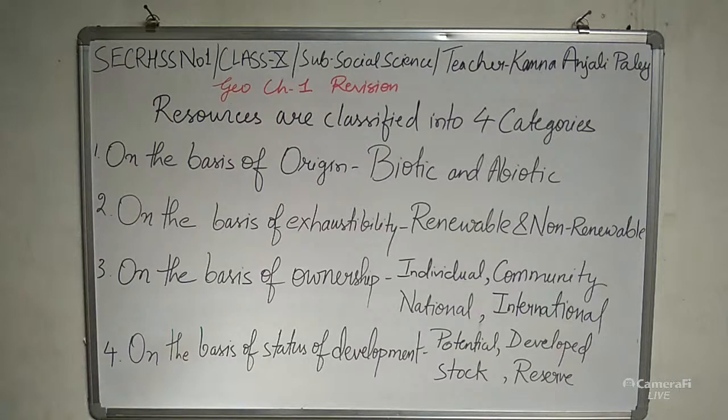But presently, we don't have technology to use that gas to generate energy. That's why that type of resource is termed as stock. Presently, we know about the resources, but we don't have technology to use them. That type of resource is termed as stock.